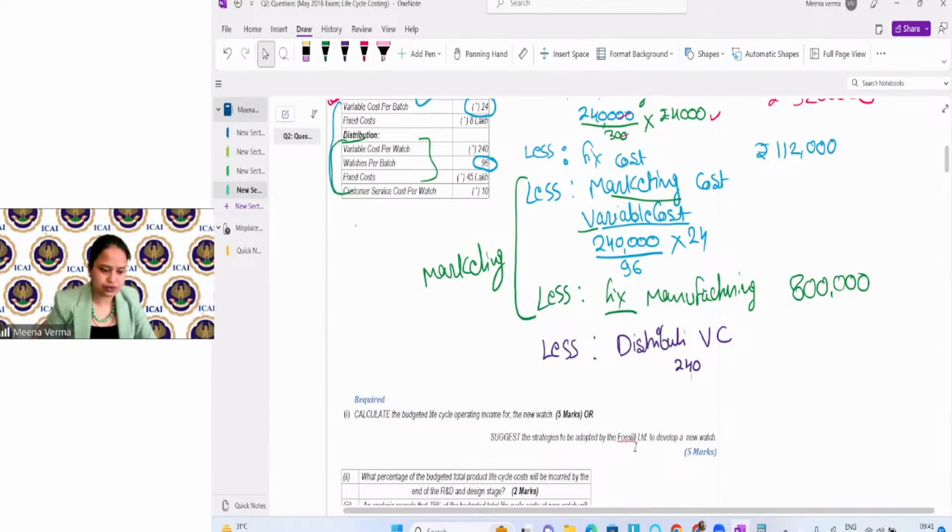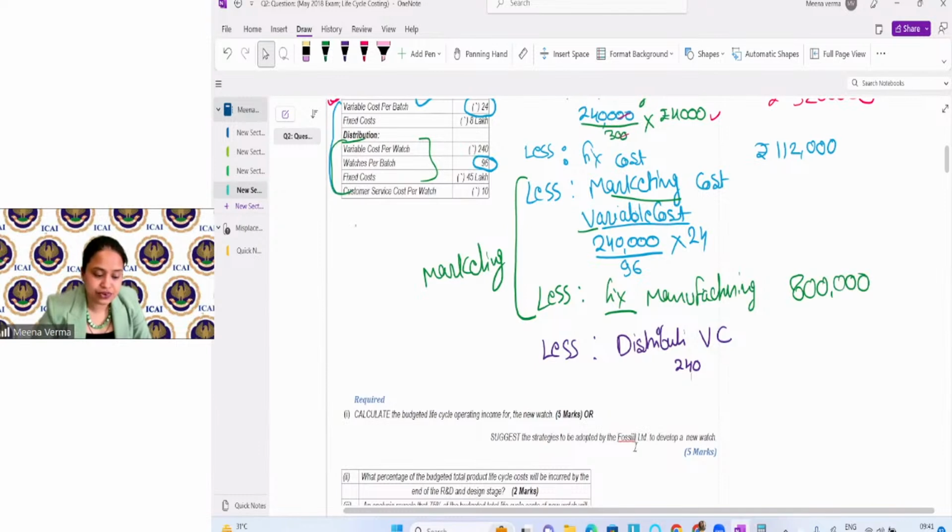This will give you 6.87, or 6%, the company is incurring on research and development and designing stage. Yeah? You can see only 6.86% the company is incurring during the designing stage. So in this way, you can answer it. The question is what percentage the company is incurring during the designing stage? You can see such a simple question, right? Not at all difficult.